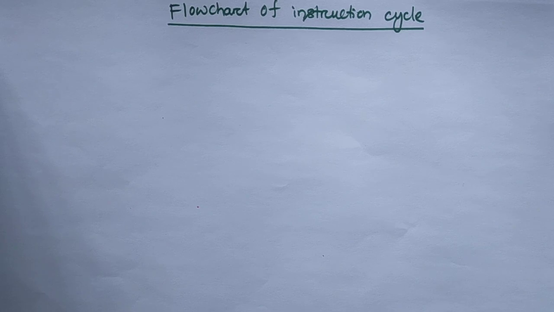So normally we know that 4 phases are used for execution of any kind of instruction. Whenever any instruction is fetched from memory for execution, different phases are required as per the time slot.